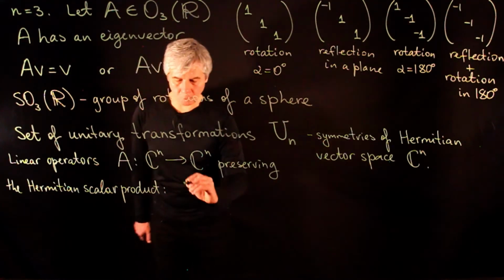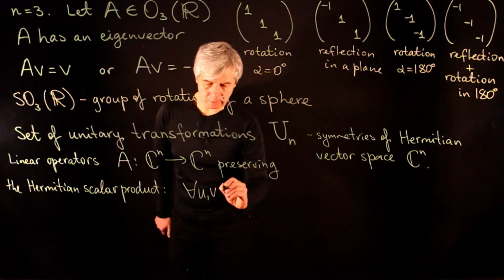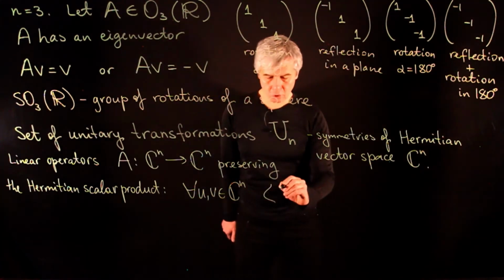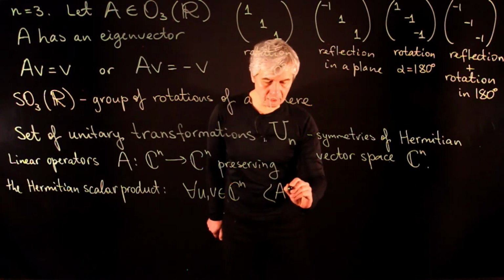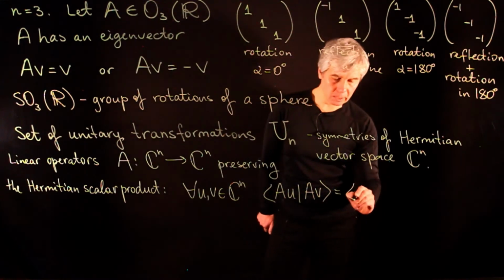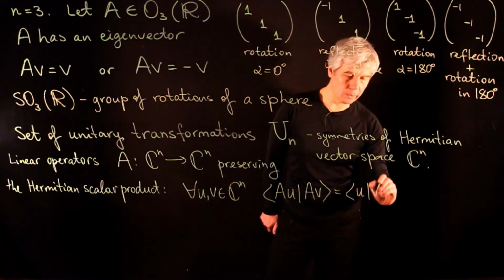So this means that for all u and v in Cn, we have that the Hermitian scalar product of Au with Av is equal to the Hermitian scalar product of u with v.